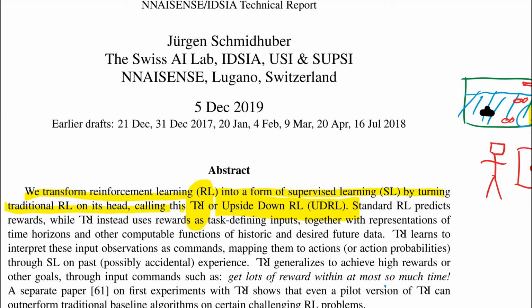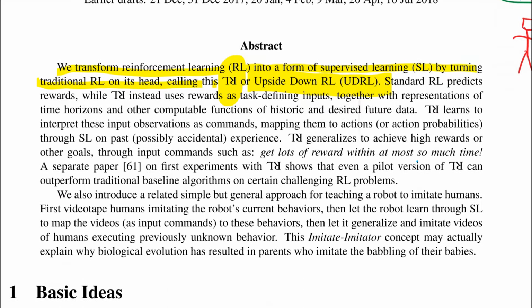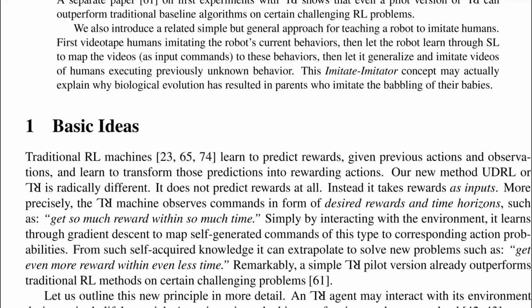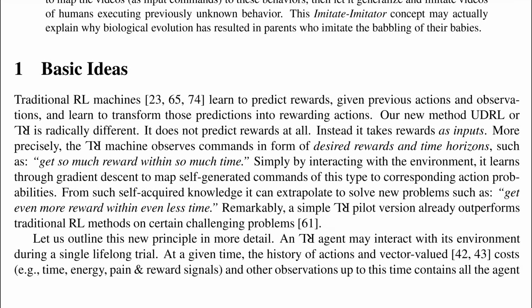Upside down RL is a new paradigm for RL where basically the notion of inputs and outputs of the RL algorithm are switched around a bit. So the basic idea here is that you have an RL algorithm that is also fed with a bunch of commands.